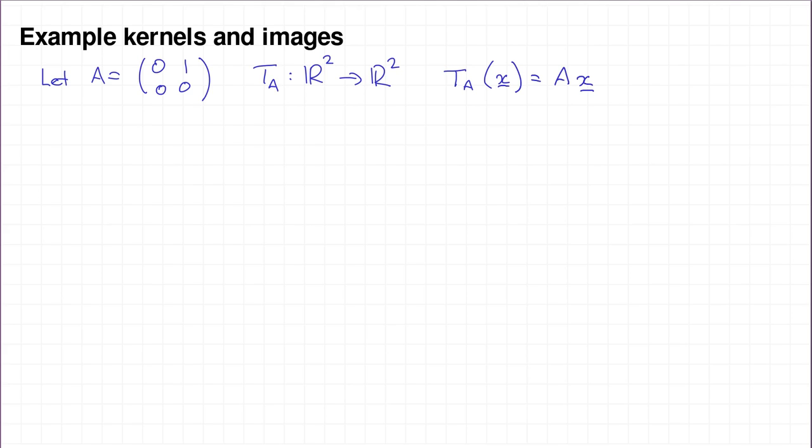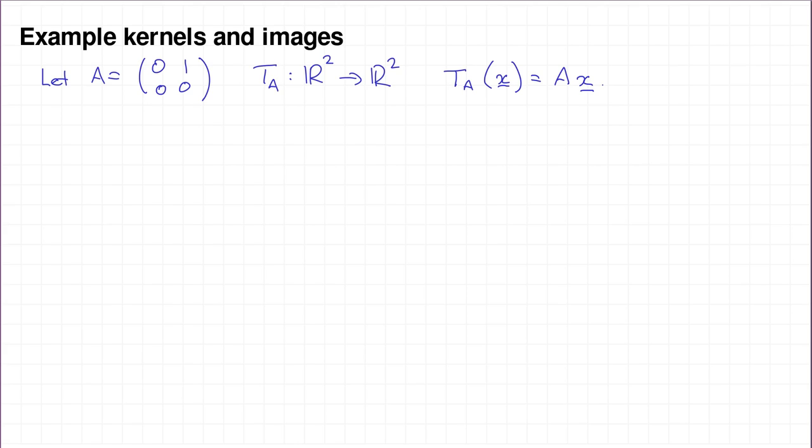Let's compute some example kernels and images. So we're going to begin with a linear map defined by left multiplication by a matrix. So let A be the matrix 0, 1, 0, 0, and T subscript A be the linear map from R squared to R squared defined by TA of a vector x is just A times x.